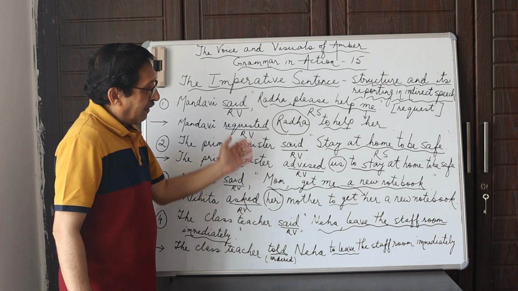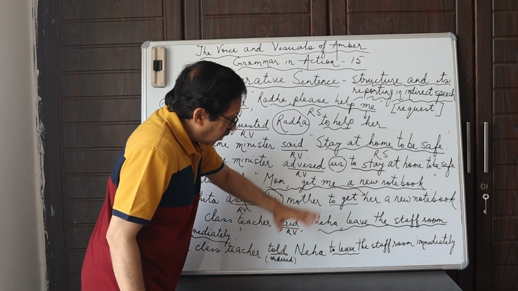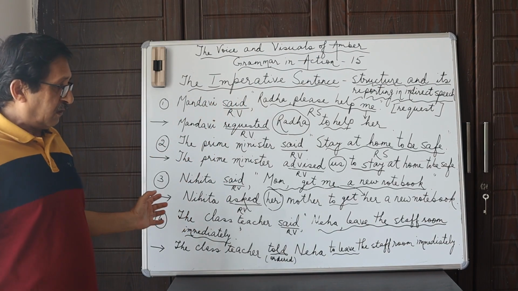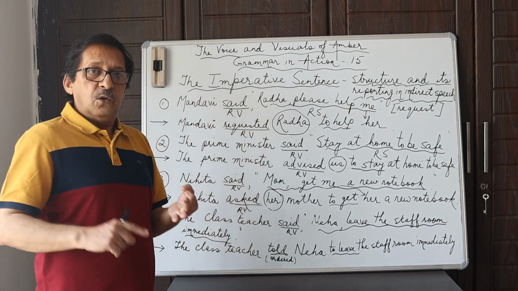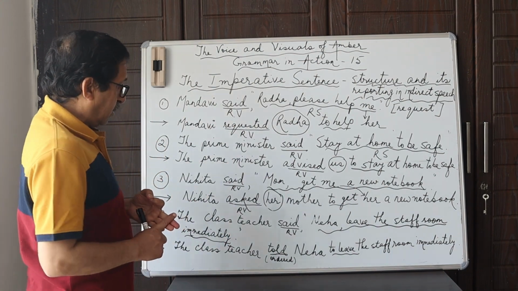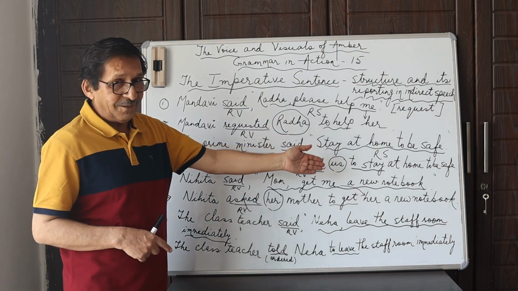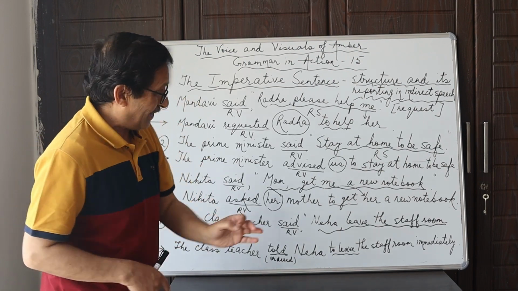So that is why, because "to" plus the verb in the first form is common to all kinds of imperative sentences, or to all kinds of requests, advice, orders or commands, or all kinds of telling somebody to do something. So it will always have just the infinitive, and that is why it is the easiest.